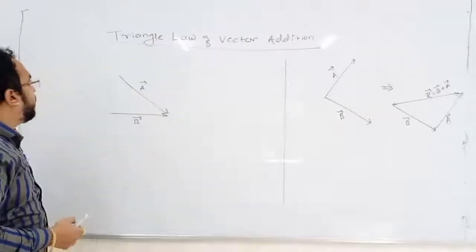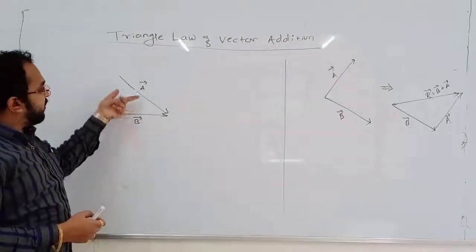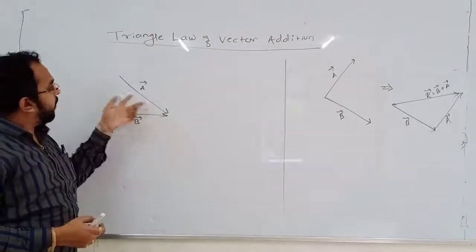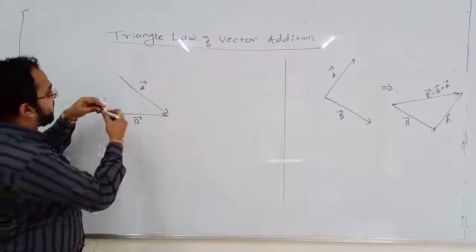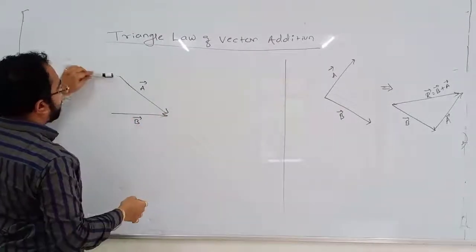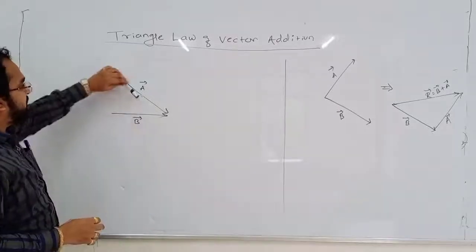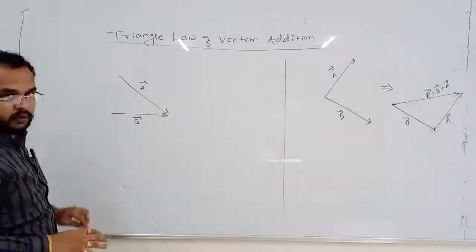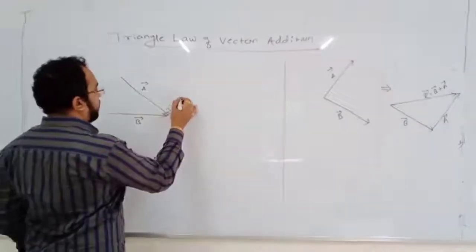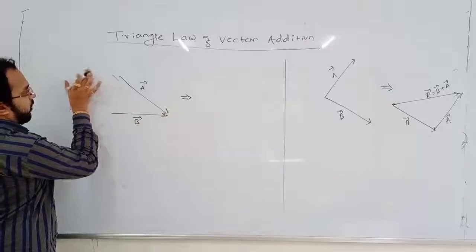Okay, so what I will do here, I will shift this A here as it is, or shift this B here. Do anything. So the equivalent figure will be: I will shift this B here.